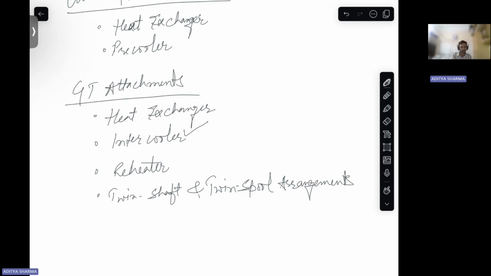Okay, this helps to reduce the work input in the compression. And in the same way, the reheater increases the power output.